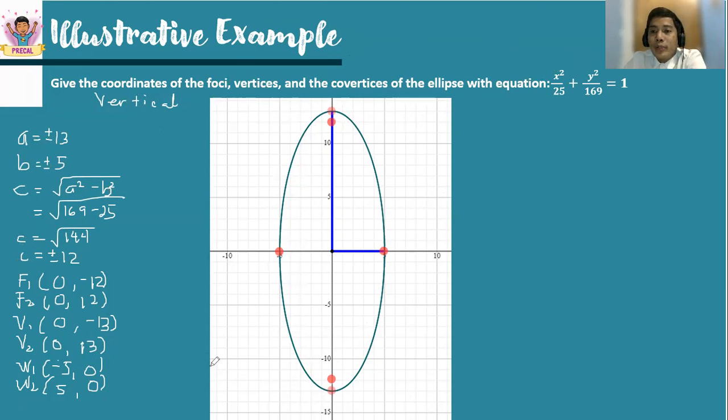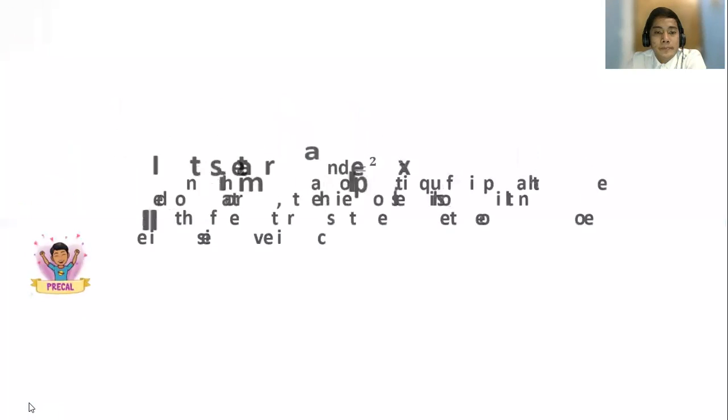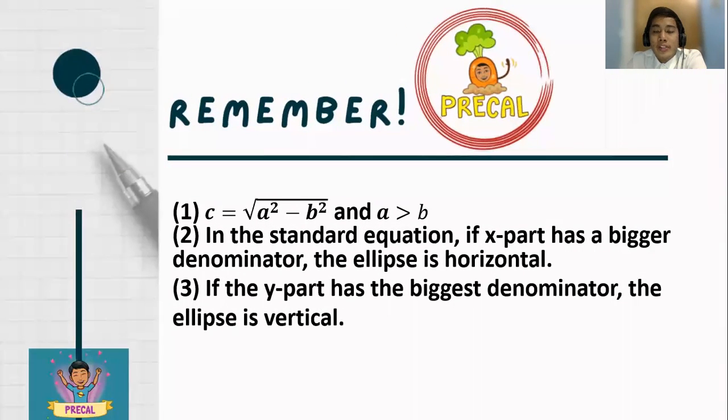There are also other important parts in the ellipse, but since we only have limited time, I cannot discuss with you everything about the ellipse. So always remember that c is equal to the square root of a squared minus b squared, and that a is always greater than b. Consequently, it will also be greater than the c distance.